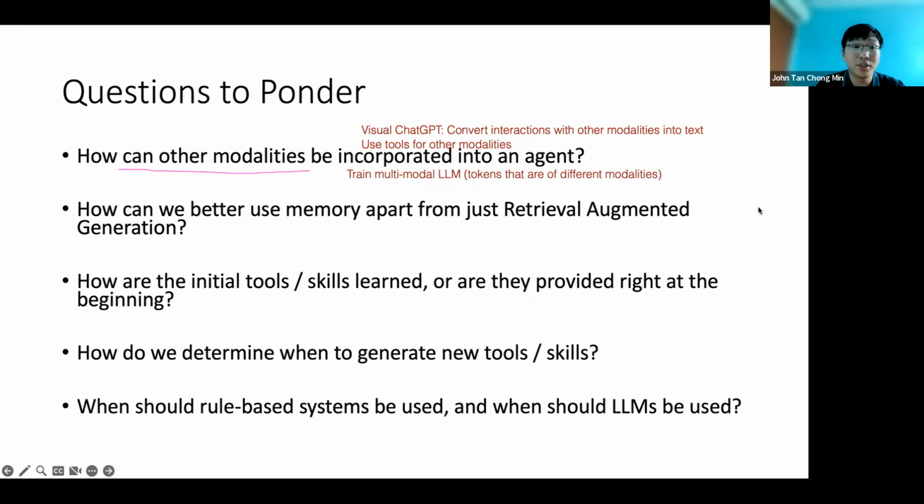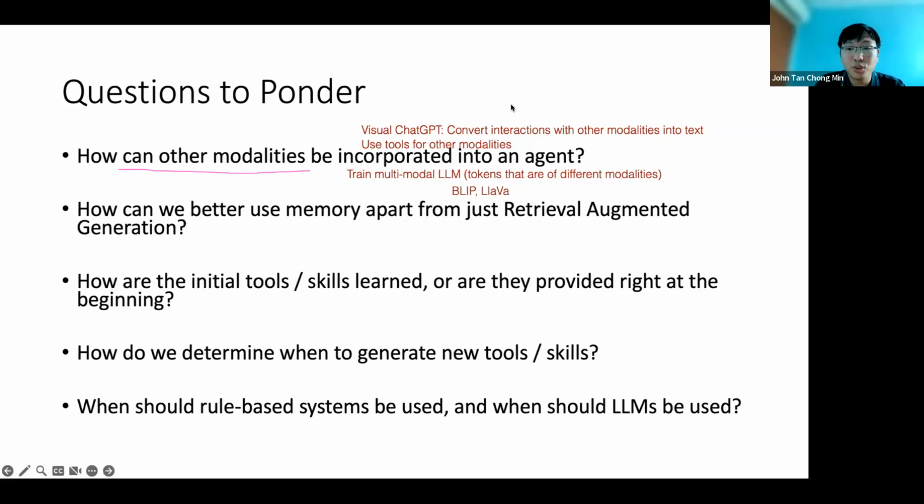One is to process everything as text and use tools. The other is to build the multimodality into the agent itself, but you need to train over lots of examples to train the multimodal large language model. Some examples of multimodal large language models are BLIP, for question answering. There's also another one called LLaVA that does vision processing using the Llama model.